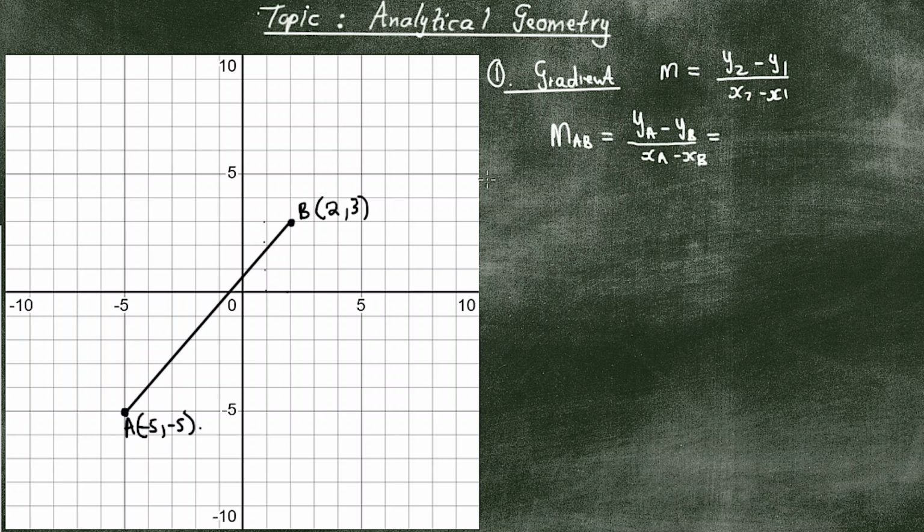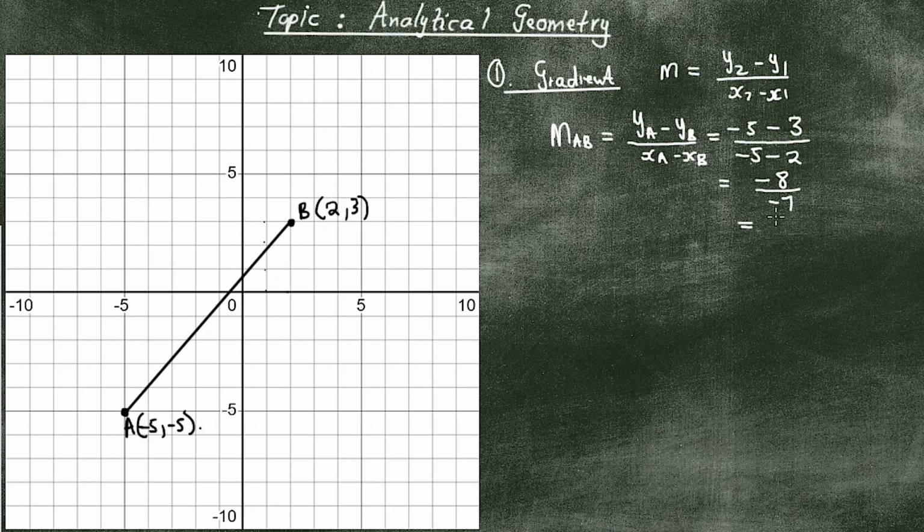Now let us calculate: y A is minus 5, so it's going to be minus 5 minus the y of B, which is 3, over x A, which is minus 5, minus x B, that's 2, equal to minus 5 minus 3, that's minus 8, over minus 5 minus 2, that gives us minus 7.